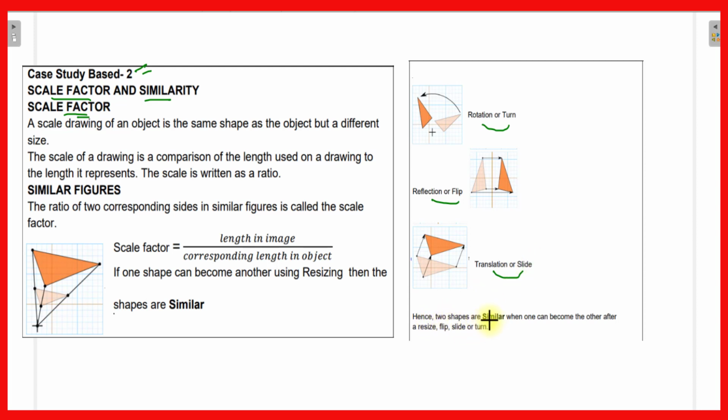Hence 2 shapes are similar when one can become the other after a resize, flip, slide or turn. And therefore this is another definition of similar triangles, and with the help of this we have to answer the given questions.